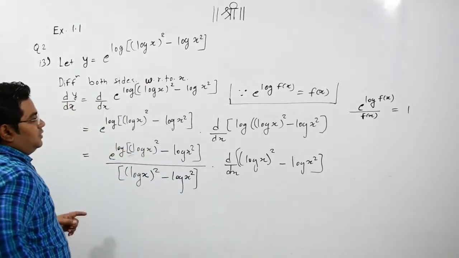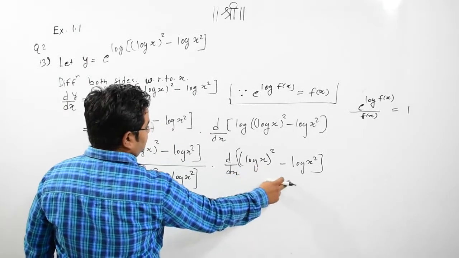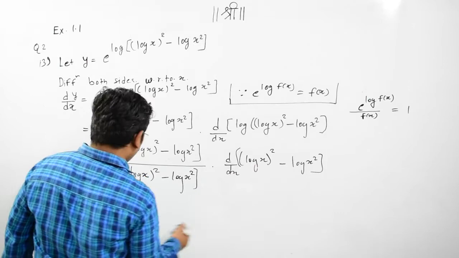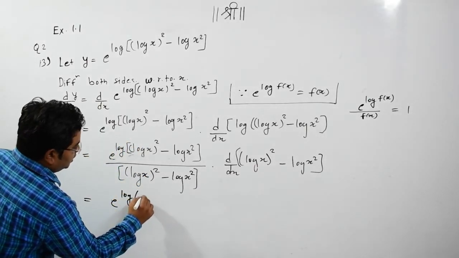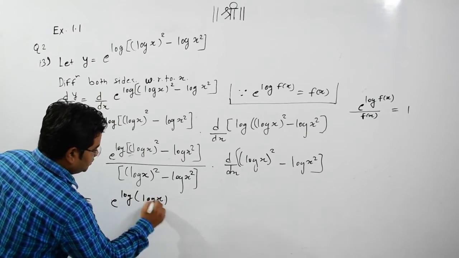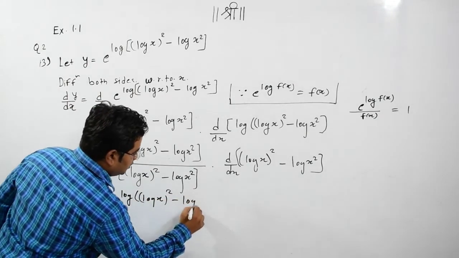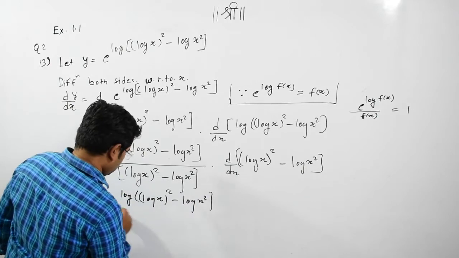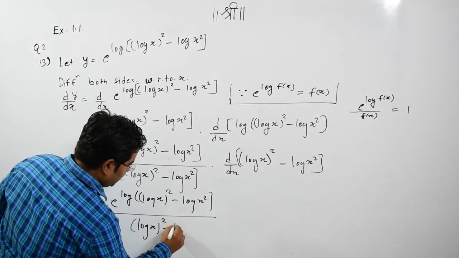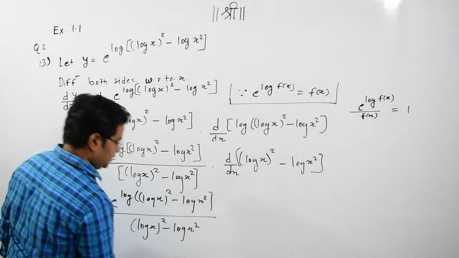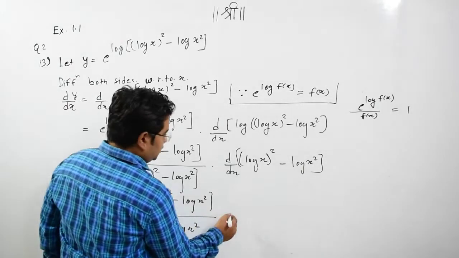Now again we need to differentiate it. So we initially differentiated it and we had the answer like this. So e raised to (log x)^2 minus log x^2, divided by (log x)^2 minus log x^2. Okay, follow me. What should be its derivative?